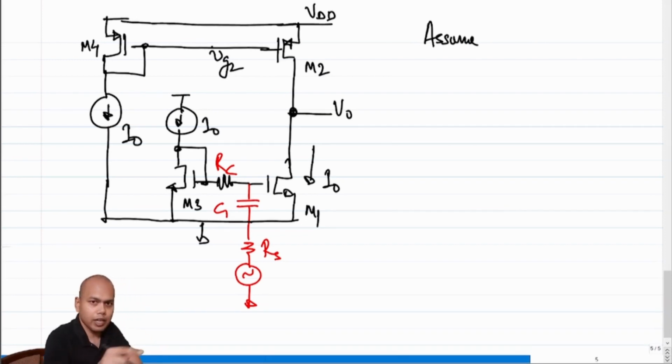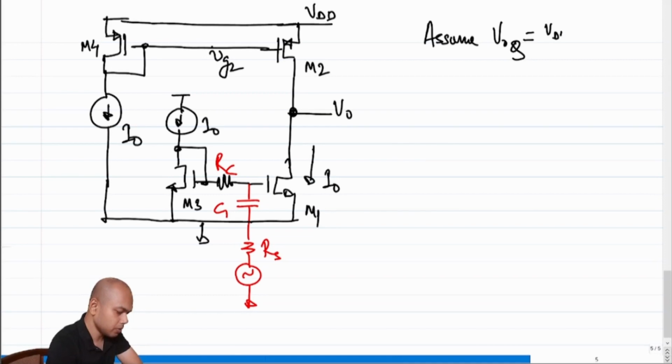For this particular case, note that you shouldn't assume this in a generic case, assume V0 quiescent to be VDD by 2. I just picked something out of the hat. Let's say this is set by some other circuit connected across it. So let's assume V0Q is VDD by 2 and proceed.